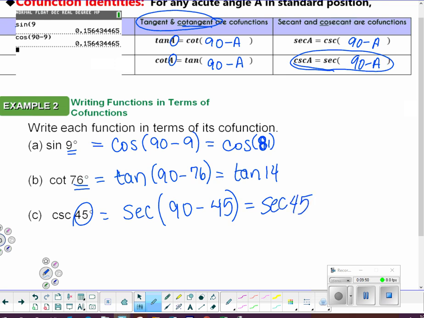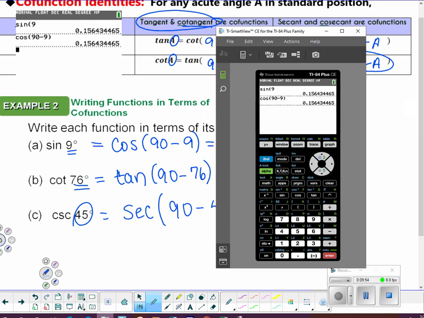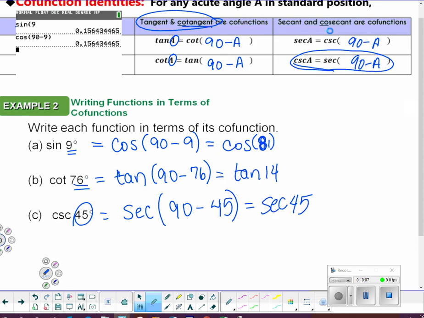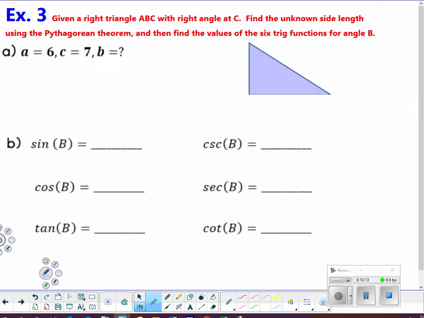On your calculator, I'm not sure I mentioned this the other day, you will notice that there are not any cosecant, secant, or cotangent listed. What we have to do to get those is just go 1 divided by like cotangent, or tangent to get cotangent. We'll practice those probably in another lesson, but we can get to those values.